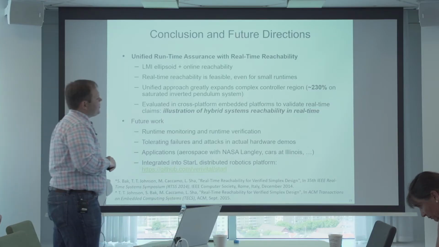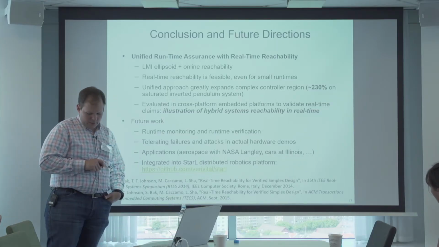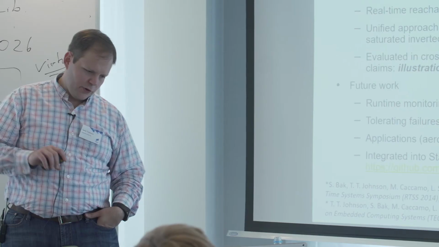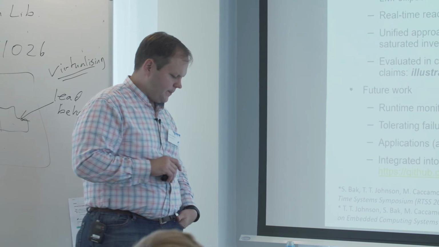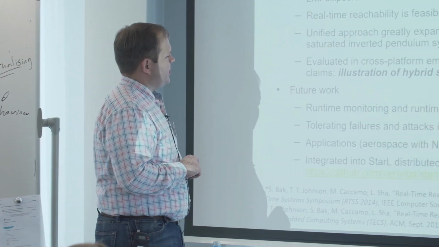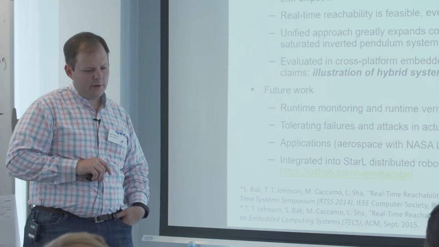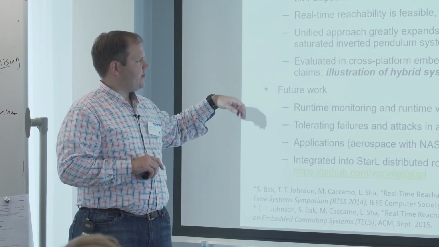So the basis of trying to do runtime verification and runtime assurance, trying to ensure some safety specifications at runtime, without regard to whatever a controller might be doing, has been illustrated in this.